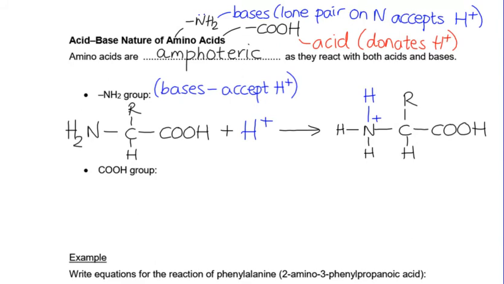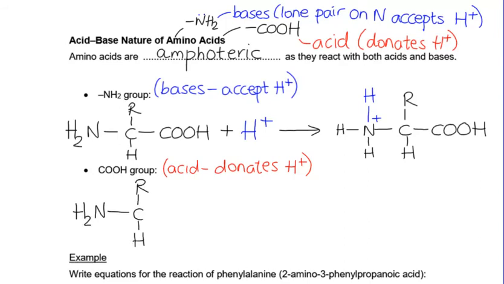So then we can look at our carboxyl group, which is our acid group. It's going to donate H+. And what's it going to donate it to? It's going to donate it to some alkali usually. So if we take our amino acid structure like that, the proton that we're going to donate is this one, remember?